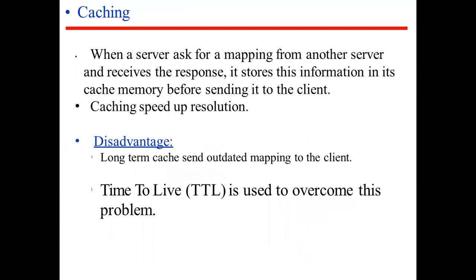Now, caching is what? When a server asks for a mapping from another server and receives the response, it stores the information. Many times, what happens? Suppose I'm searching some URL multiple times, at that time the local cache will be available. That local cache is located inside the local server.